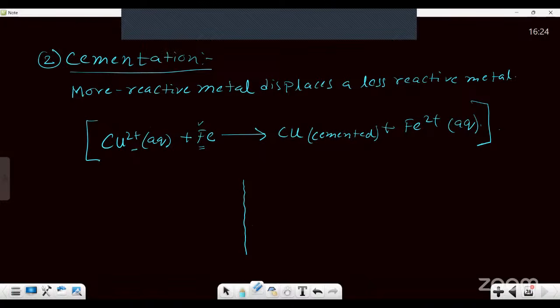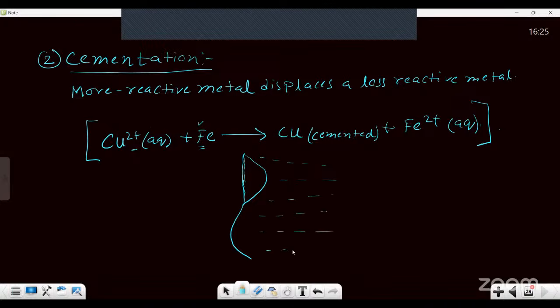From the metal, a part is going to be selectively dissolved. Suppose this metal surface is dipped entirely in the solution.